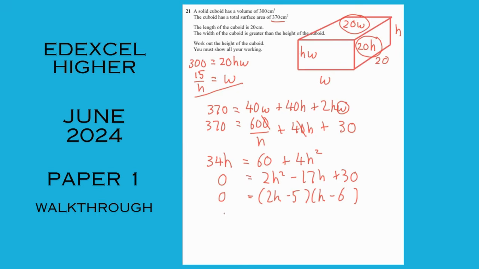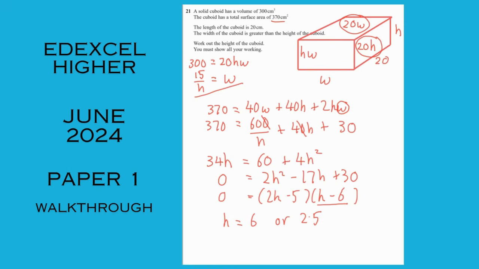So that means we have a couple of values for h. It can either be 6, or here 2h minus 5, so that's got to equal 0, so it's going to be 5 over 2, or in other words 2.5. Now the idea is work out the height of the cuboid.